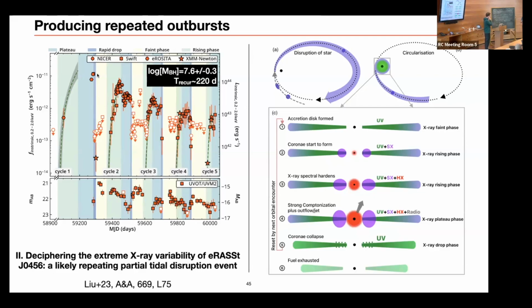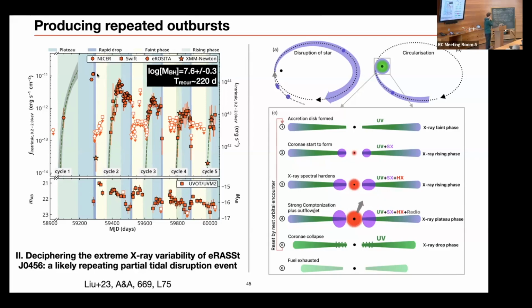Once the orbital period of this repeating object becomes shorter than that, then essentially the energy spread is all of bound material. So you won't get this late time fallback of debris that is marginally bound, simply because the energy spread becomes comparable to the bound orbital energy of the star.